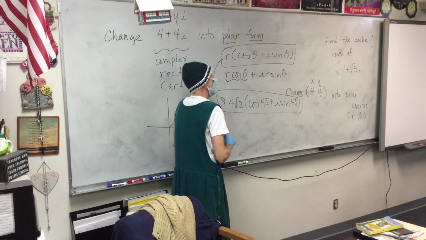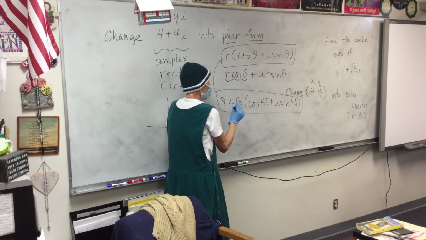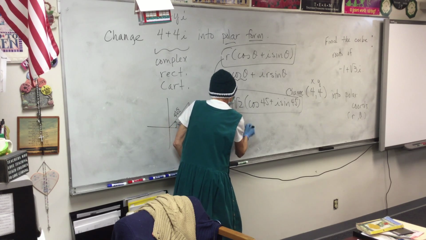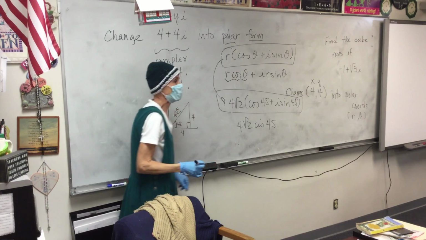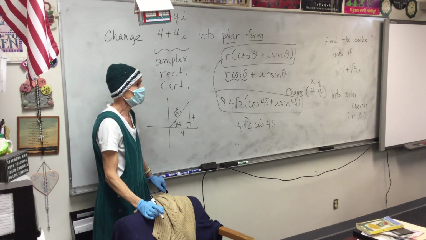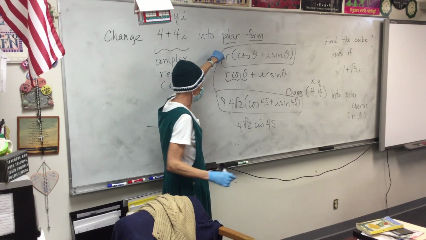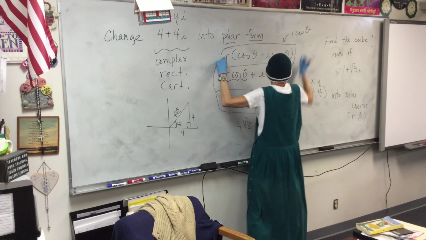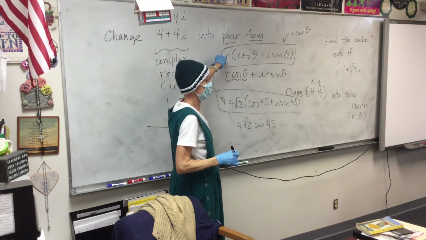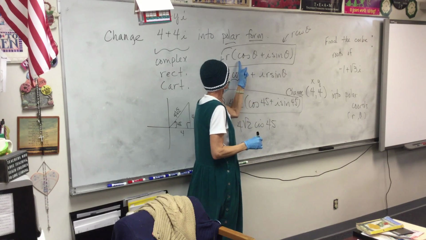This is polar form, but you are allowed, if you wish, to write it like this. That is the shorthand notation for polar form. What do you think CIS stands for?